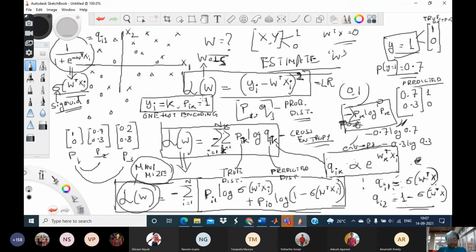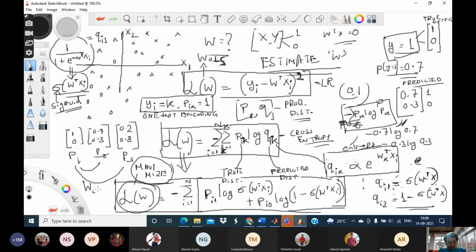In this case also I did the same thing. I defined my loss function, but the least square loss did not make much sense here because I am comparing probability distributions. So instead, I considered the cross entropy loss, which gave me this kind of peculiar looking loss function. Now I will have to minimize this loss function, and that will give me the value of W which I want.